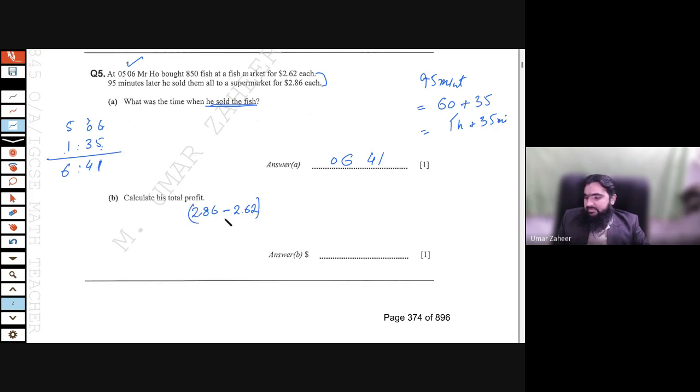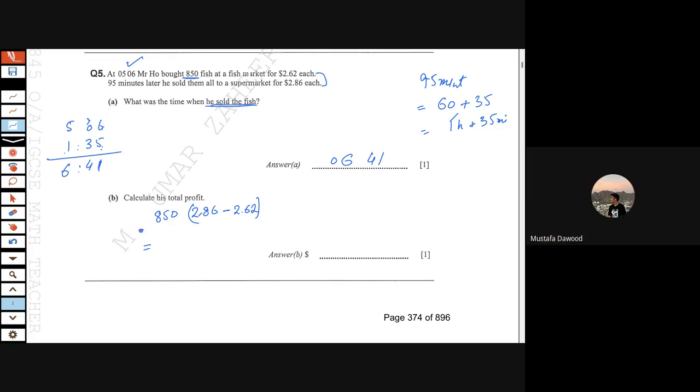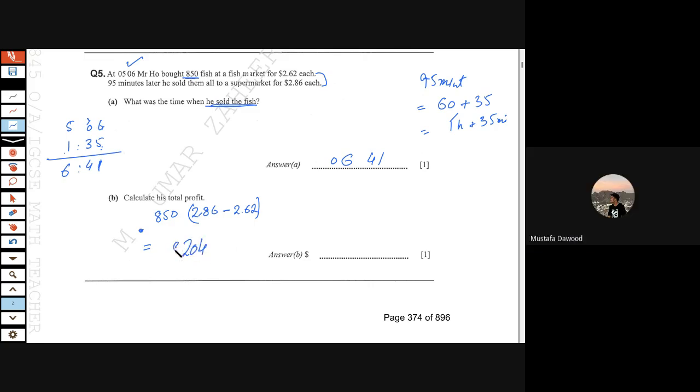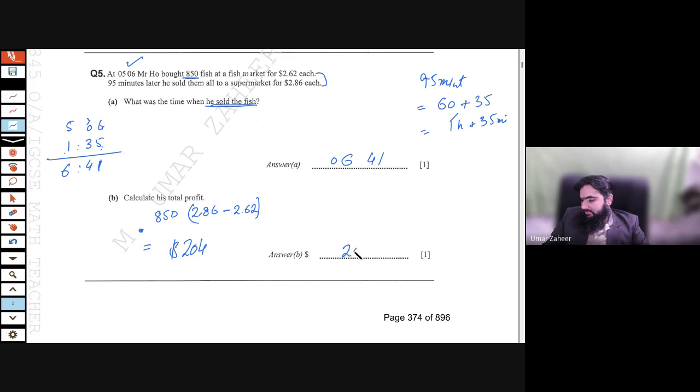And you have to multiply by how many fishes he sells, that is 850. That will be equal to $204, the profit he is going to earn.